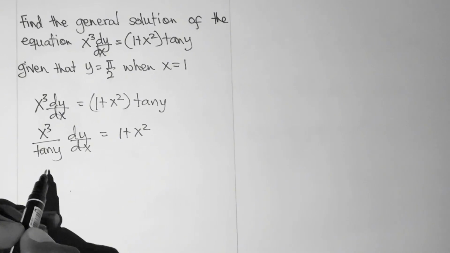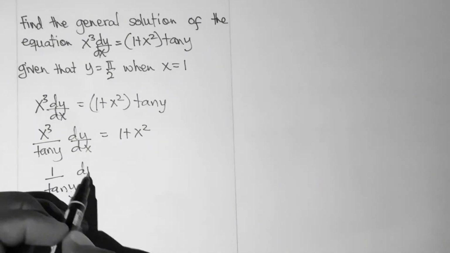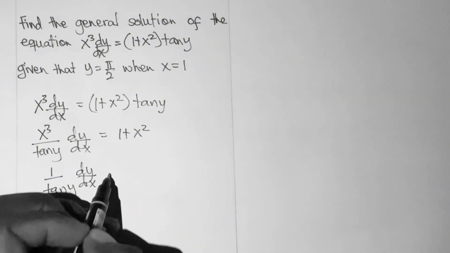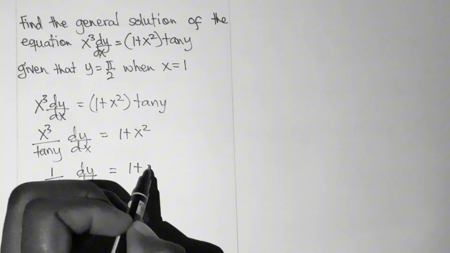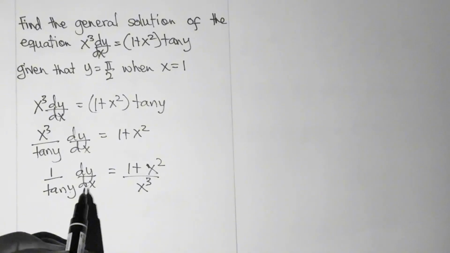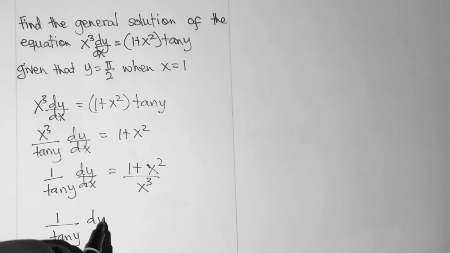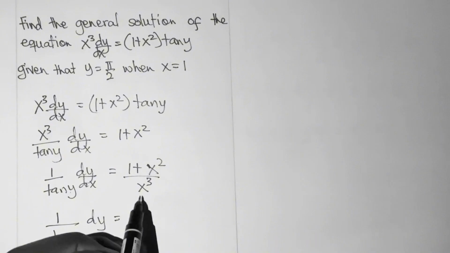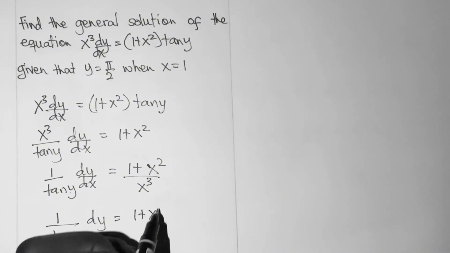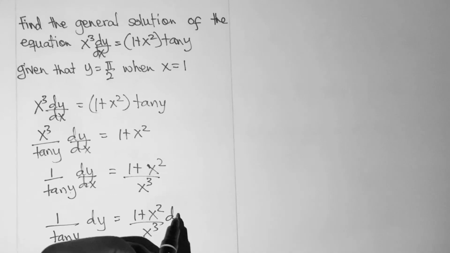So you are left with 1 over tan y dy/dx is equal to (1 plus x squared) divided by x cubed. So let's multiply through by dx. We'll get 1 over tan y dy is equal to (1 plus x squared) divided by x cubed, then dx.